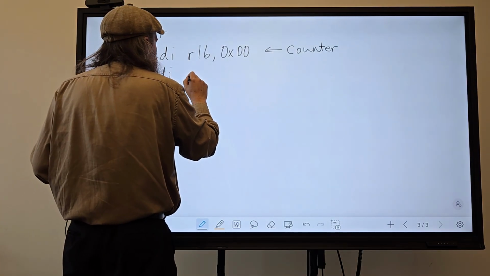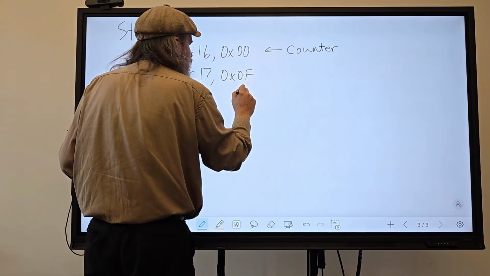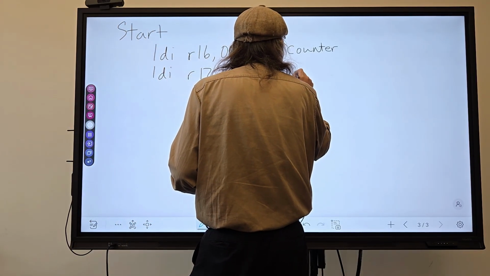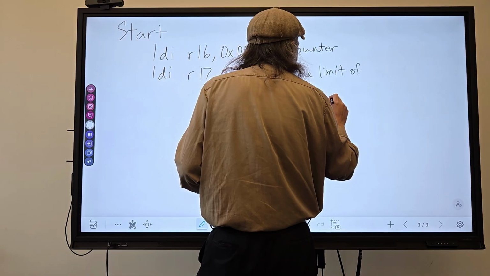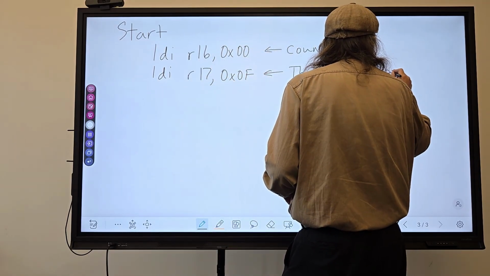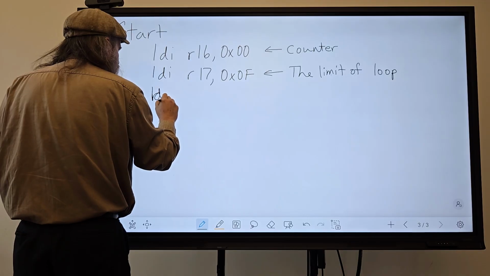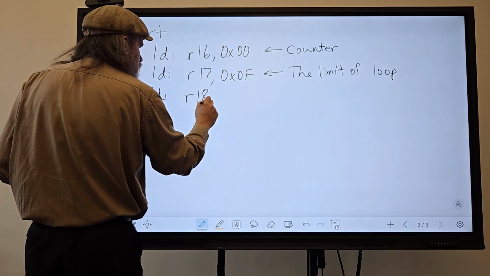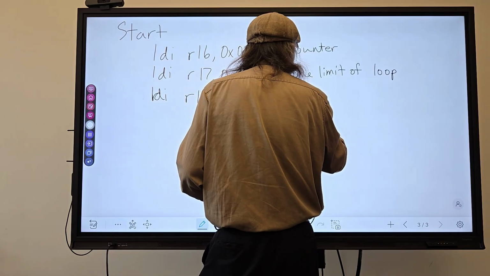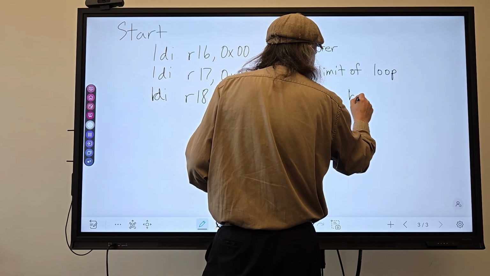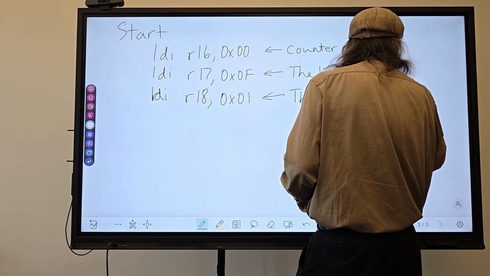LDI R17 0x0f, the limit of the loop. Then let's say LDI R18 0x01, the low byte of the element.